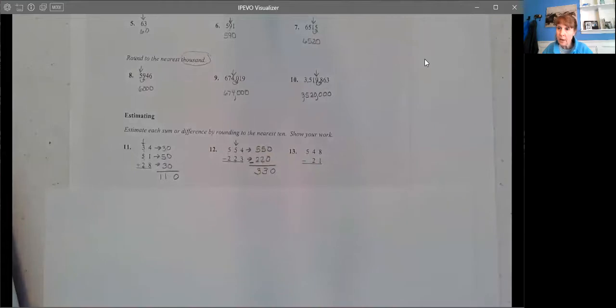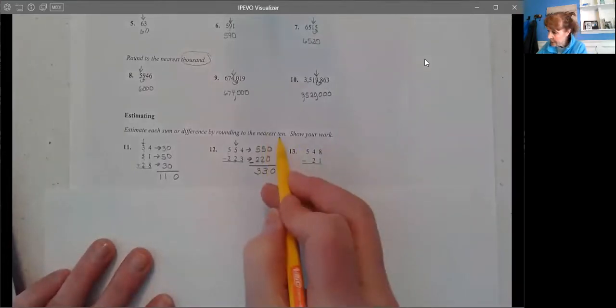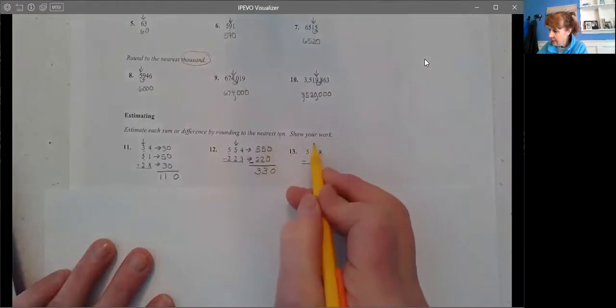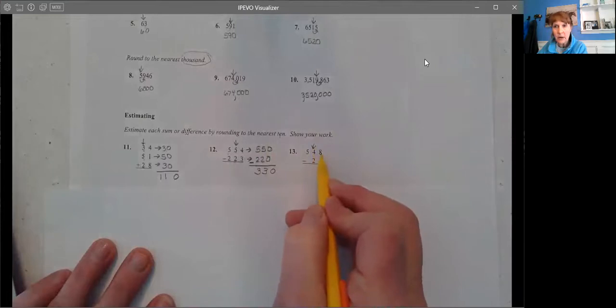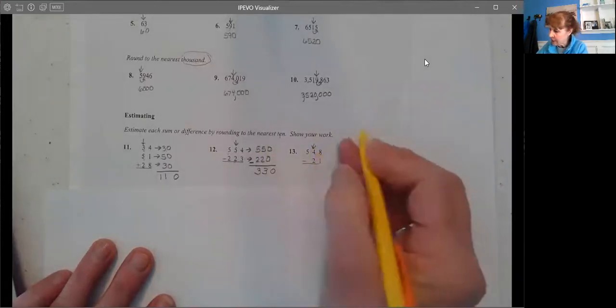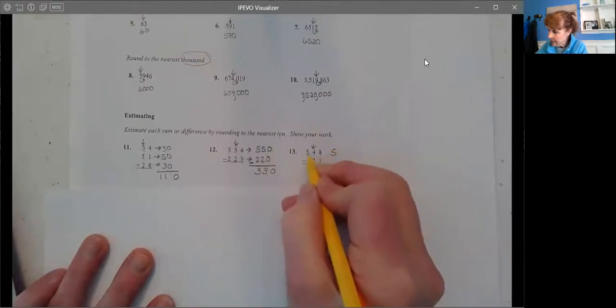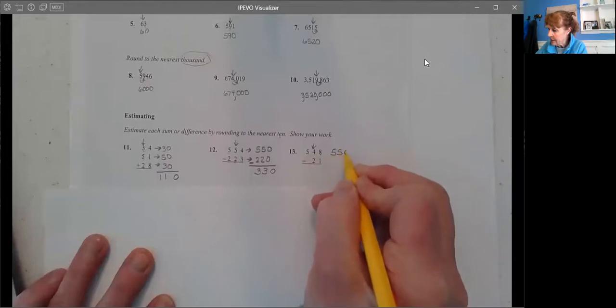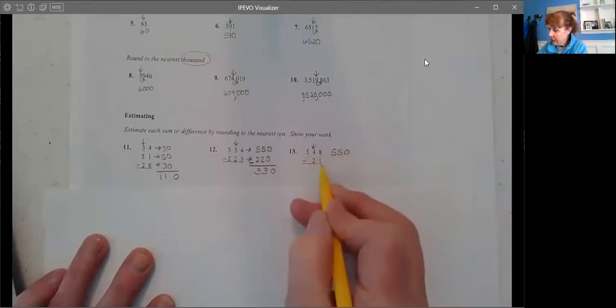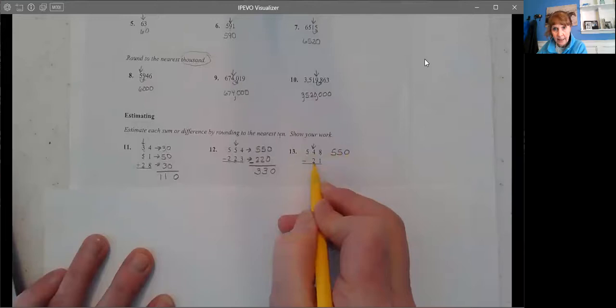All right, let's try another one, just in case. To the nearest 10, so we'll go to the 10 spot. With this 4, we'll look to the right. It's larger than 5, so we're going to increase the 4 by 1 digit. That's going to become a 5, and what follows is a 0. Here, we go to the 10s.